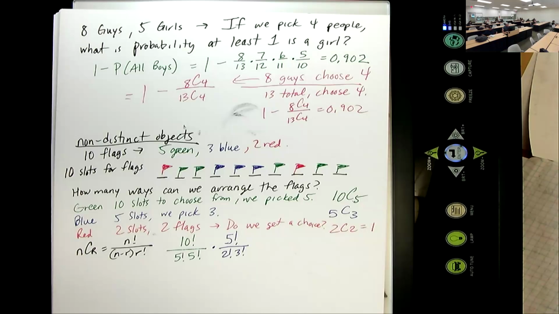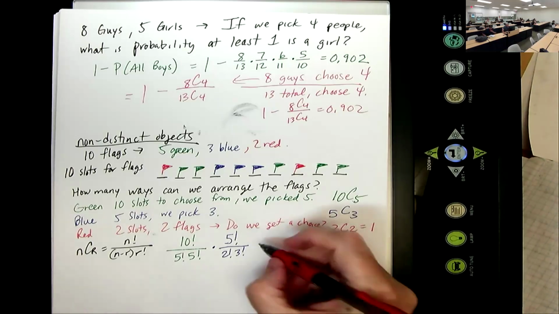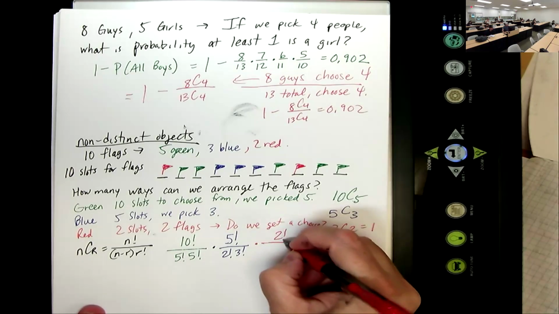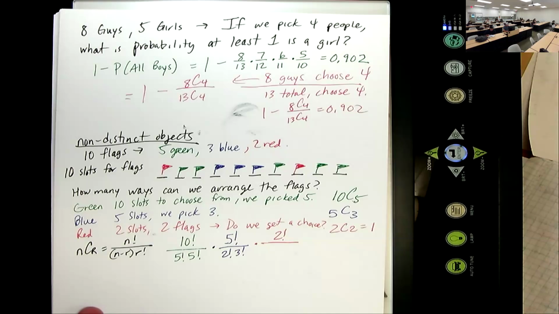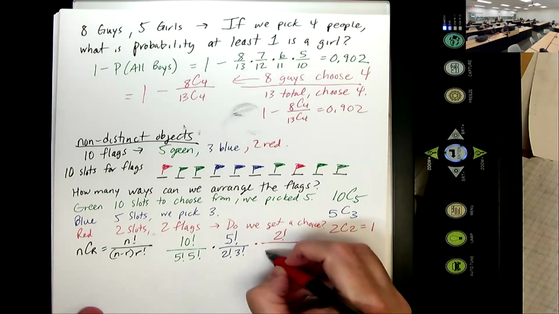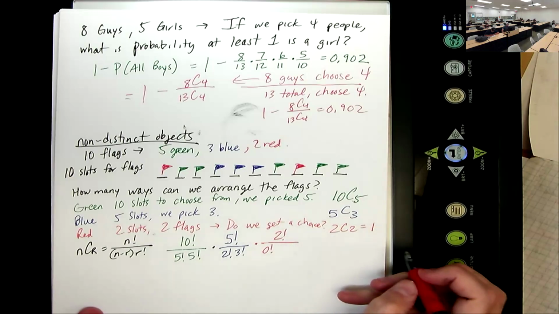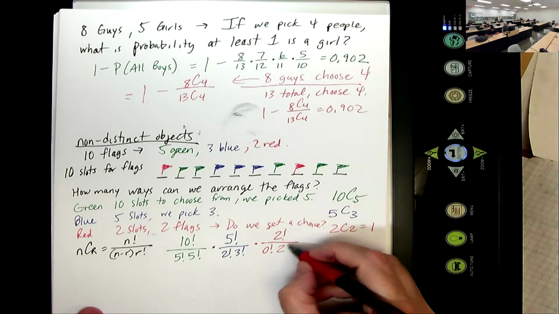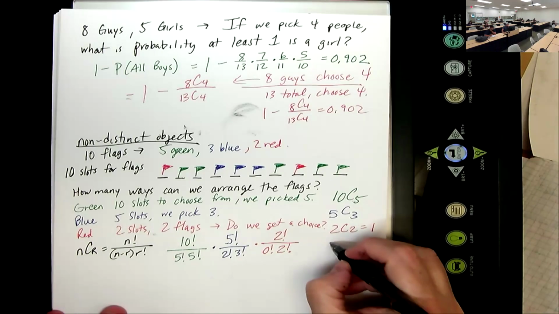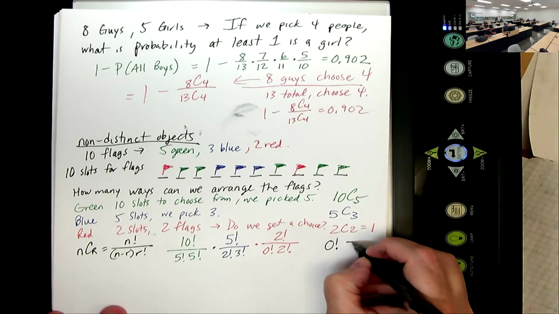And I'm gonna put in the 2 because it illustrates one more thing I needed to show, and I didn't show it earlier. n was 2. n minus r is 2 minus 2, which is 0. That should be a 0 factorial and then a 2 factorial. What I didn't tell you earlier, and I should have: 0 factorial is defined to equal 1.